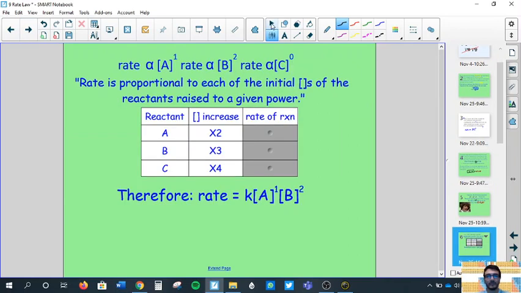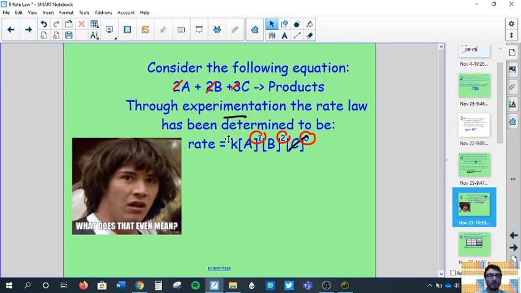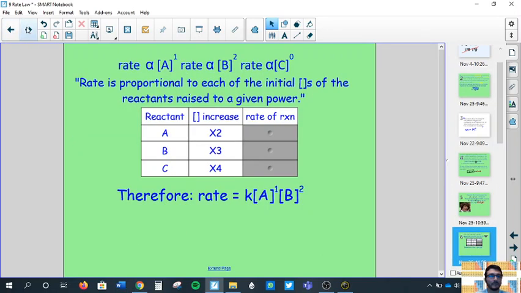So let's continue with an example. All right, with this same one, we're now looking at what these exponents actually mean. So reactant A, if you double the concentration of A, what do we expect the rate of the overall reaction to do? How will that change?